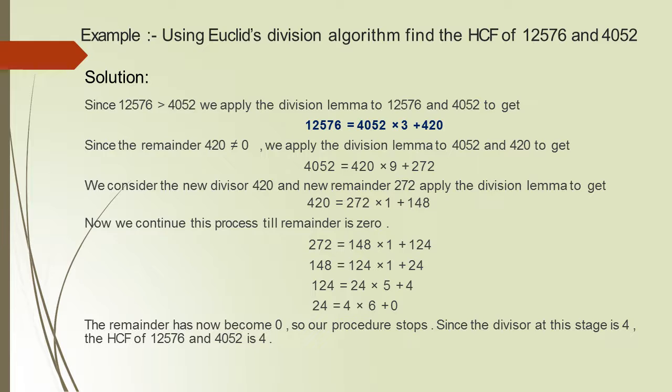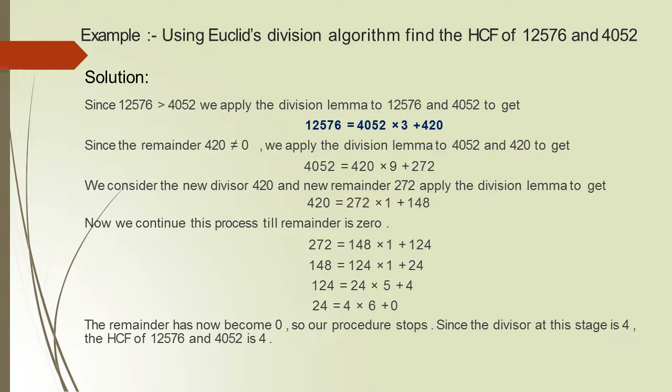Still, our remainder is not 0, so we'll keep on doing the process until we get the remainder as 0, and finally the remainder comes out as 0 as 24 is equal to 4 into 6 plus 0. Now here, if you see in the previous step, in the second last step, 124 is equal to 24 into 5 plus 4.